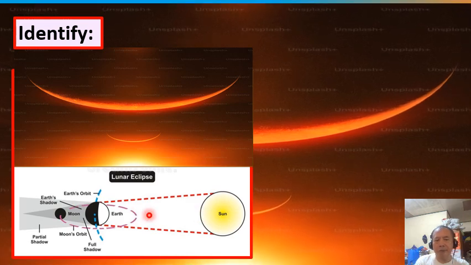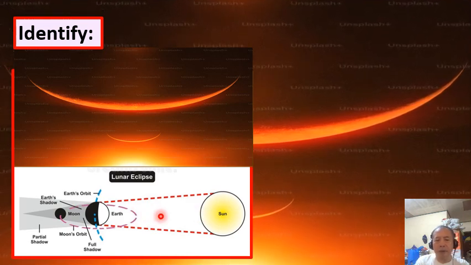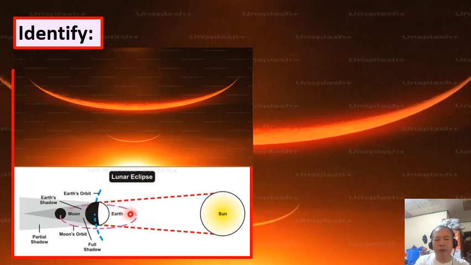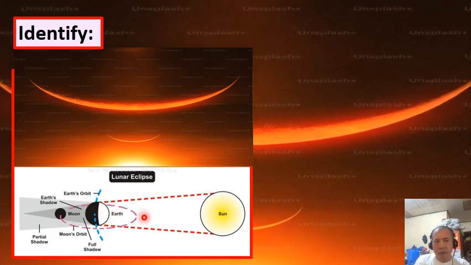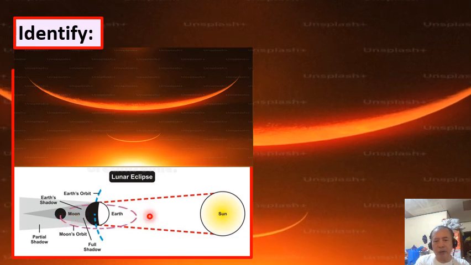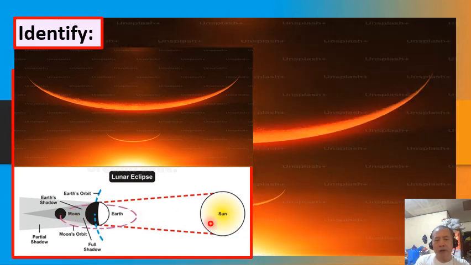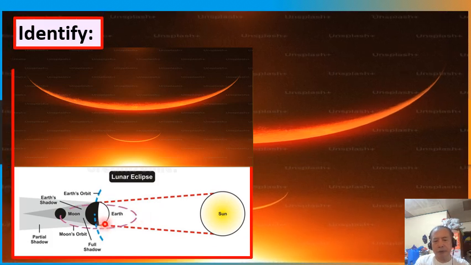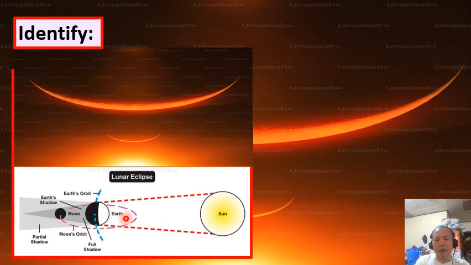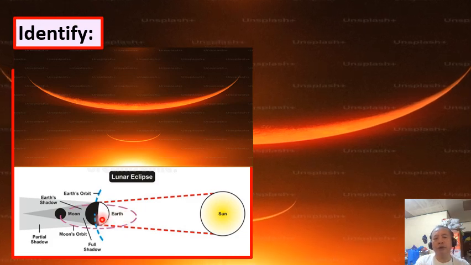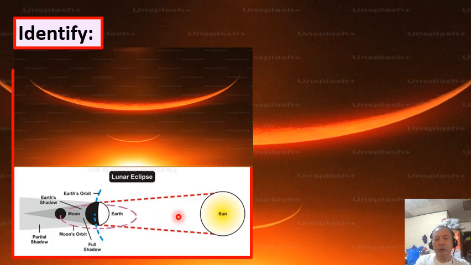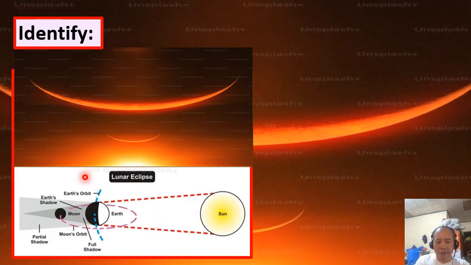But in this problem, we're interested in how much force is exerted by the moon on the Earth and the force exerted by the sun on the Earth. When these two forces are combined, what would be the resultant force on the Earth exerted by the moon and by the sun?